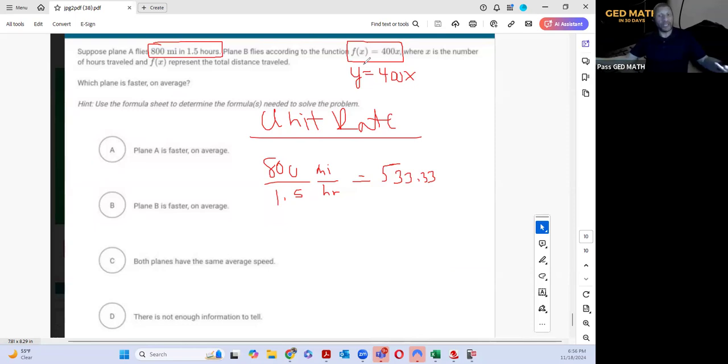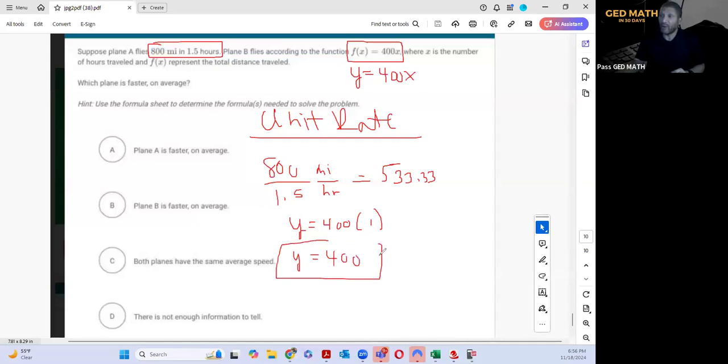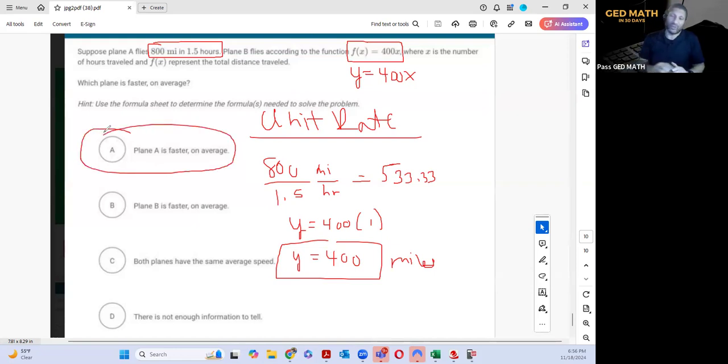So if we say unit rate, we know that's 1 hour. So we're going to substitute 1 for X. How far can I go in 1 hour? 400 miles. This goes 500 miles per hour. So plane A is faster, on average.